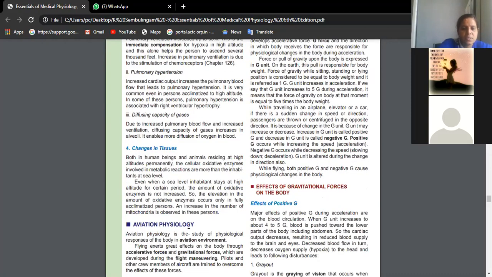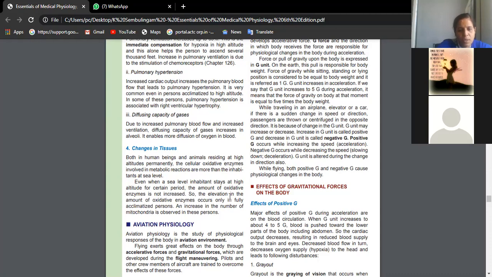Then changes in tissues. Both in human beings and animals residing permanently at high altitude, you will see active cellular oxidative enzymes involved in metabolic reactions are more than in inhabitants at sea level. That is the adaptation you see there. Even when a sea level inhabitant stays at high altitude for a certain period, the amount of oxidative enzymes is not increased.